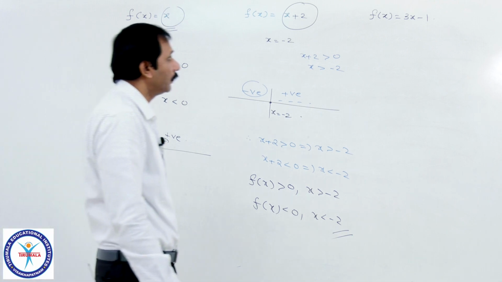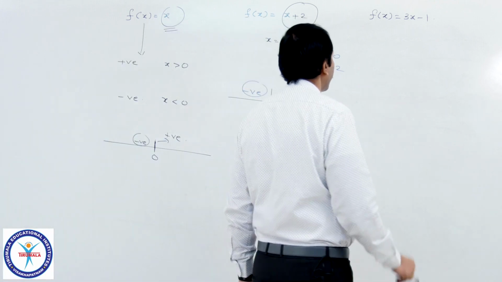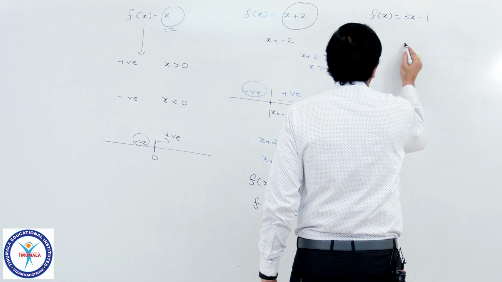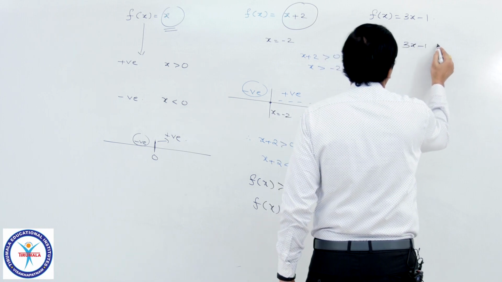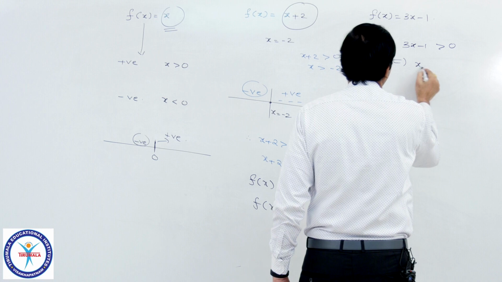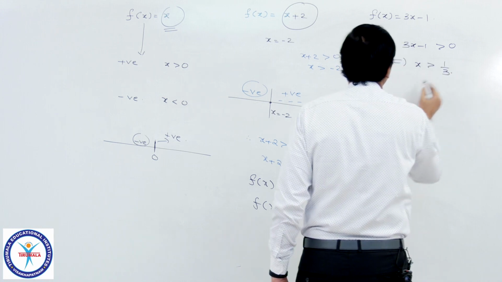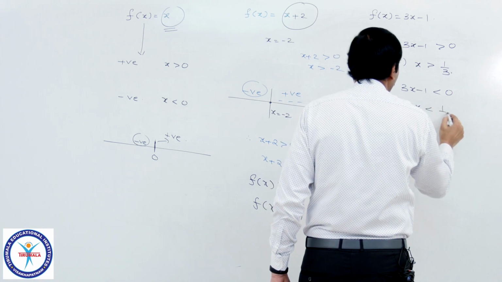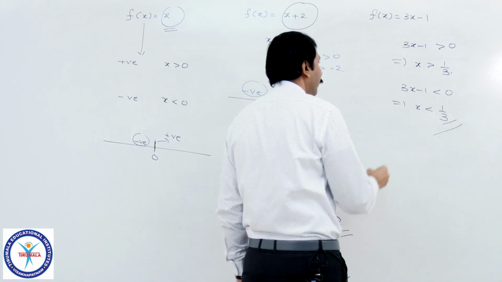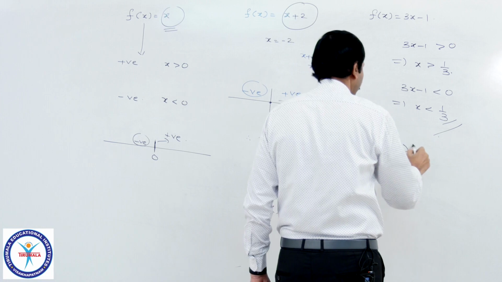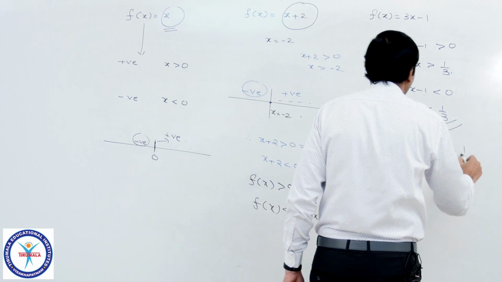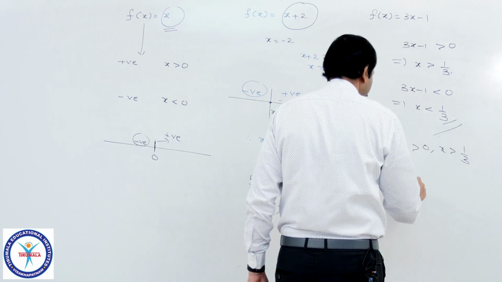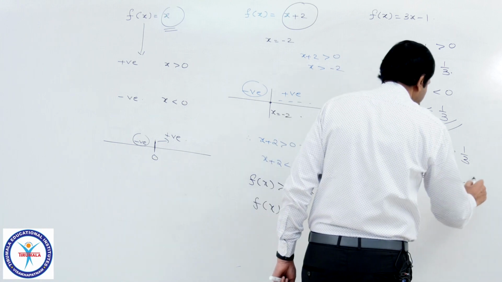And for the third one, f of x equal to 3x minus 1, if you take 3x minus 1 greater than 0, where it is positive, x greater than 1 by 3, and 3x minus 1 less than 0 means x less than 1 by 3. That is, f of x is positive when x greater than 1 by 3, and f of x is negative when x less than 1 by 3.